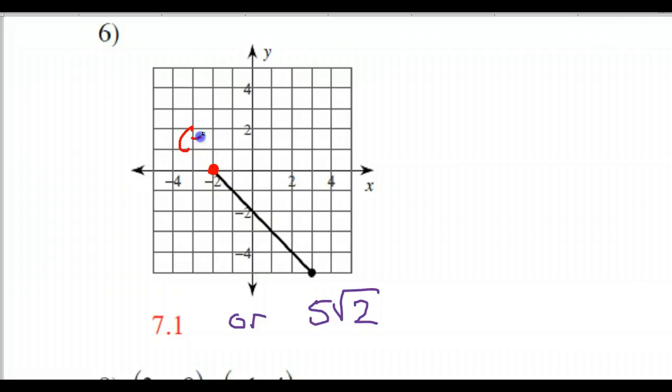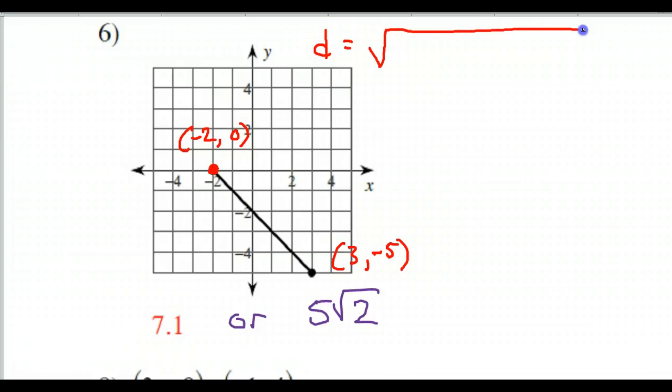Alright, number 6. This is the point -2, 0. This is the point 3, -5. The distance is going to be x minus x, so -2 minus 3 squared. Y minus y, 0 plus 5 squared.